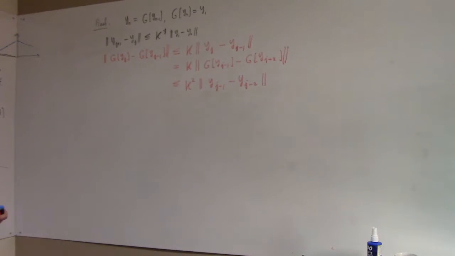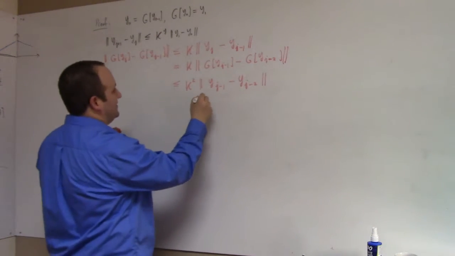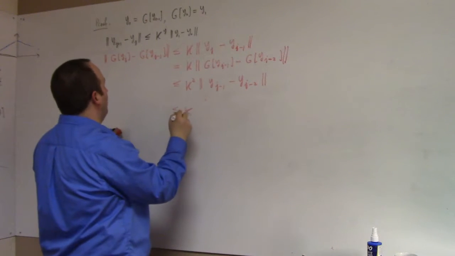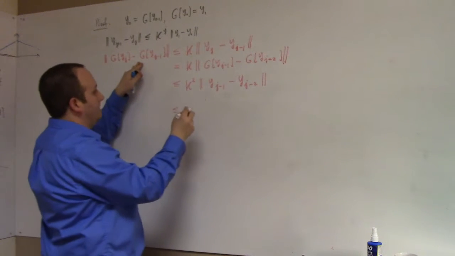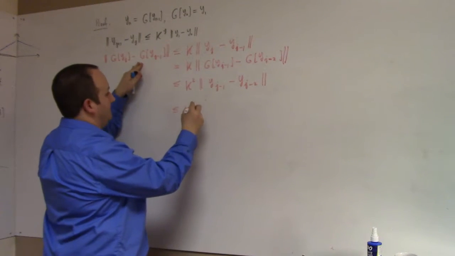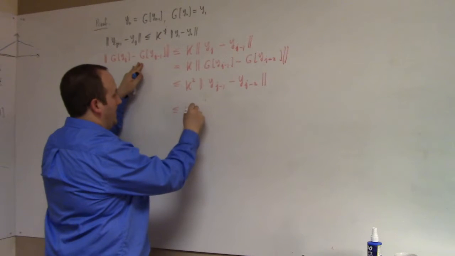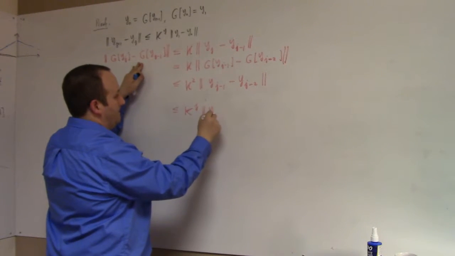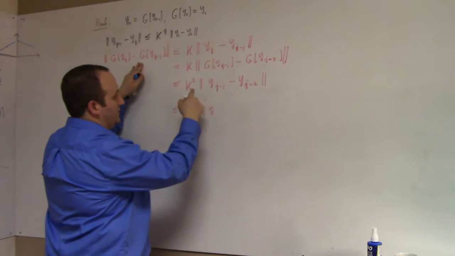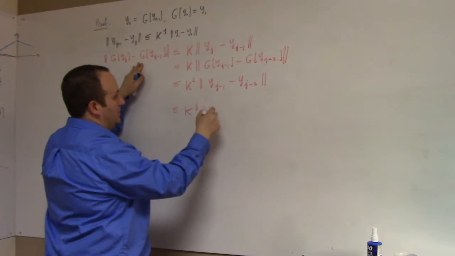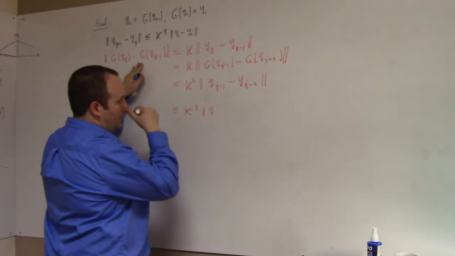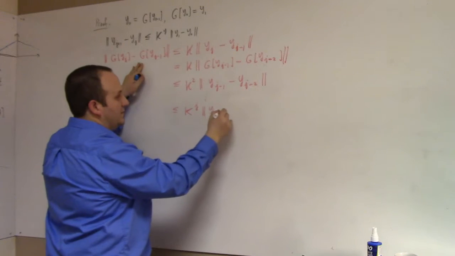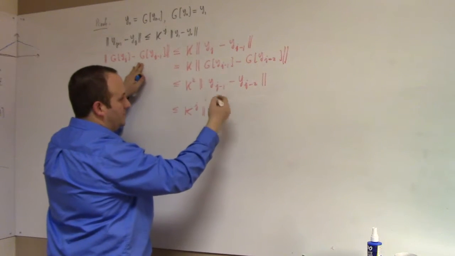And so forth. So eventually we get to k to the j, times the norm of y1 minus y naught.